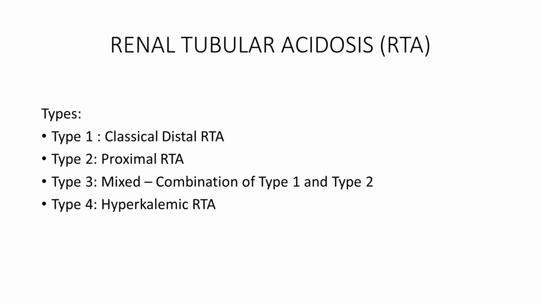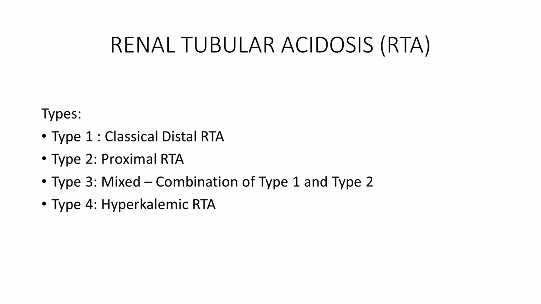Now, on this basis, we have come to know that it's a tubular disorder in which there is a defect in the acidification of the urine, and on the basis of the part of the tubule involved, it is classified into 4 types. Classical or distal renal tubular acidosis, proximal renal tubular acidosis. Type 3 is a combination of 1 and 2.